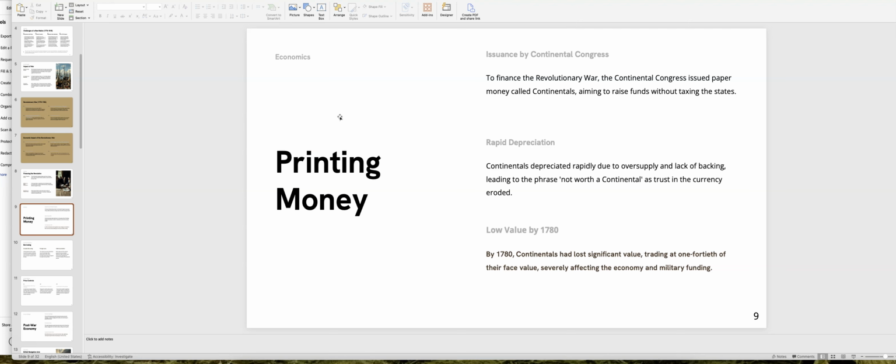The printing of over $500 million in worthless currency, which I guess gives us here in number 9 that quote of not worth a continental. Over $500 million for a newly established country that can't even make interest payments on the debt.